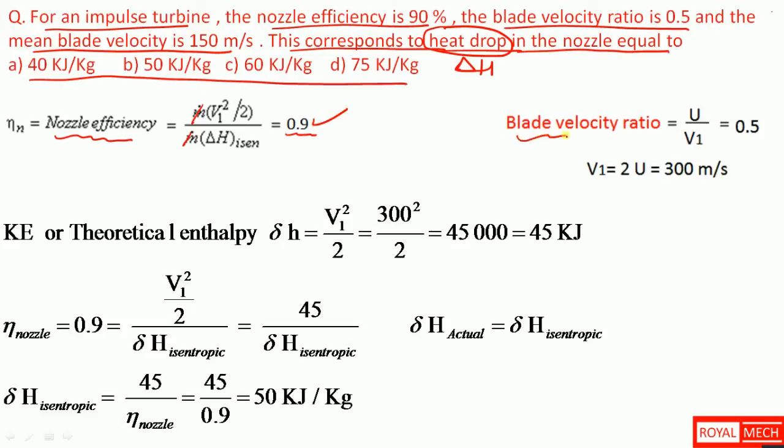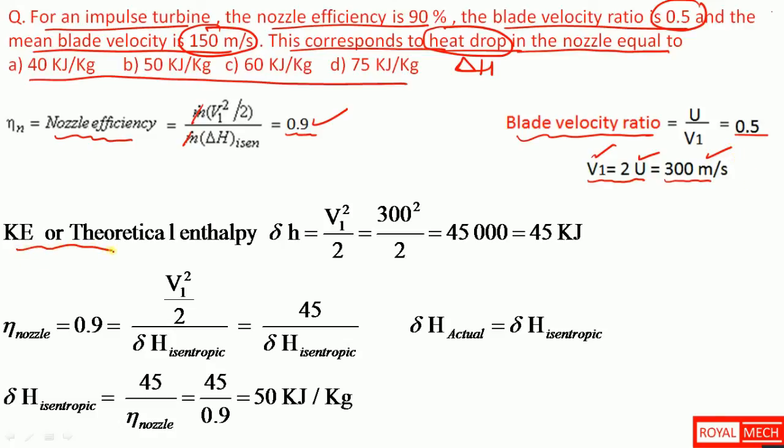And blade velocity ratio is given 0.5. That is u by v1 equal to 0.5. So v1 equal to 2u, that equals 300 meter per second because u is given already. U is 150 meter per second. So that gives v1 equal to 300 meter per second.